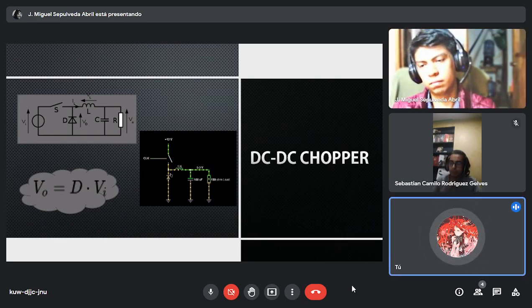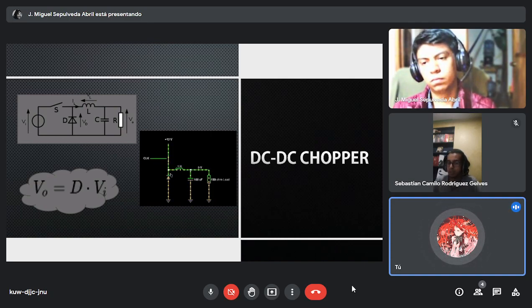The next circuit is a chopper converter. It consists of two steps. In the first position, the switch is connected and the coil is filled with energy, and that energy charges the capacitor. Then the resistive load is charged with the voltage in the capacitor.